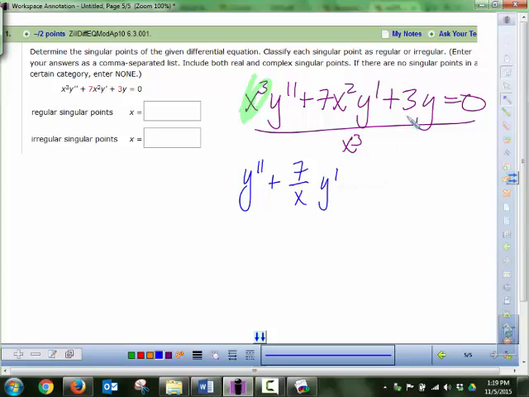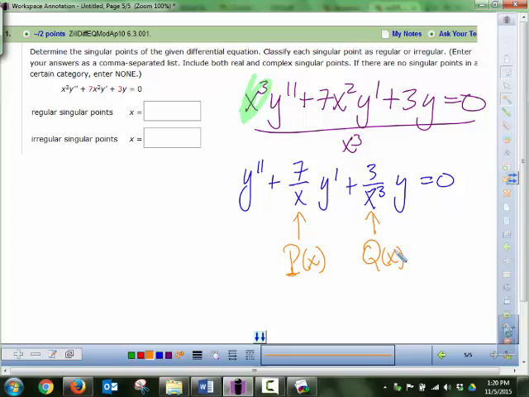And then I have 3 over x cubed y is equal to 0. So now I can identify my capital P of x and Q of x.